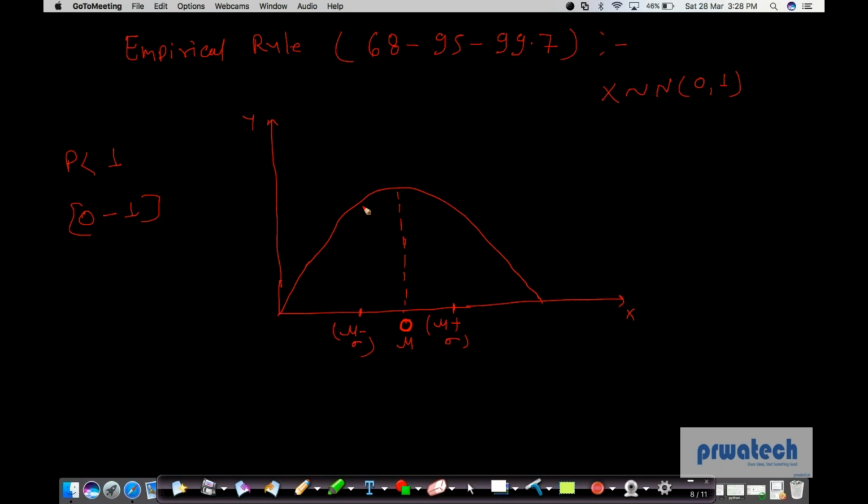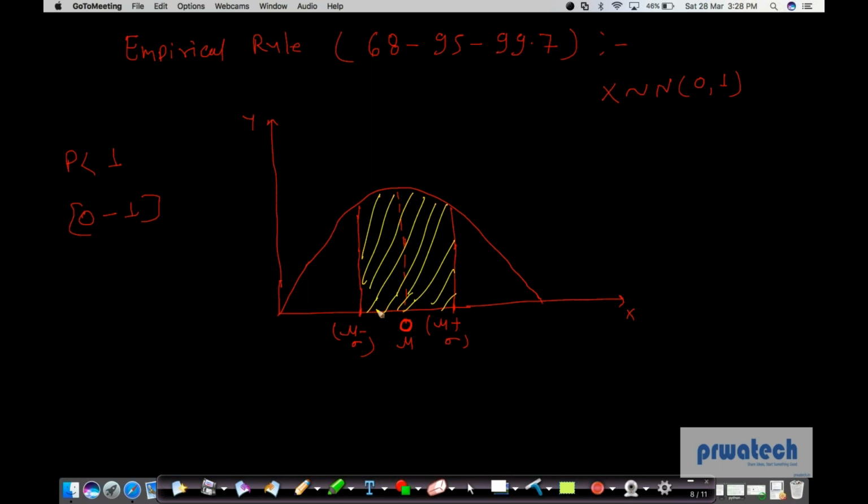So this whole area, with one standard deviation above the mean and one standard deviation below the mean, is how much? Looking at this number, this area is 68% of the total probability.